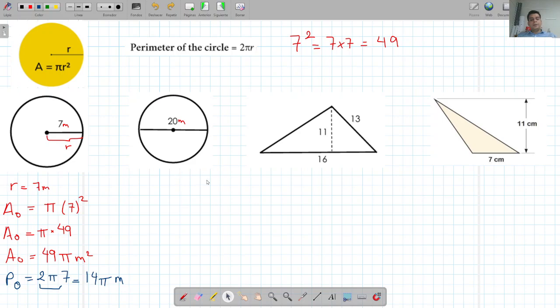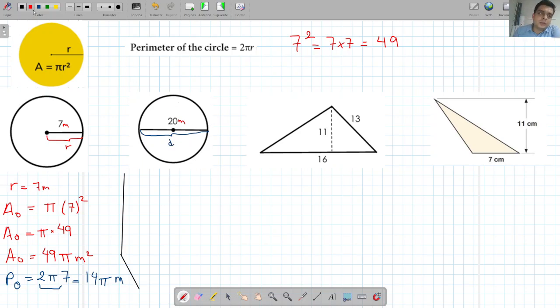Alright, now continue with the problems. Let's try to be a little bit faster. If we want to do this circle, be careful, because in this circle we don't have the radius, but we have something else. What is this called? This is called a diameter. The diameter is double the distance of the radius.